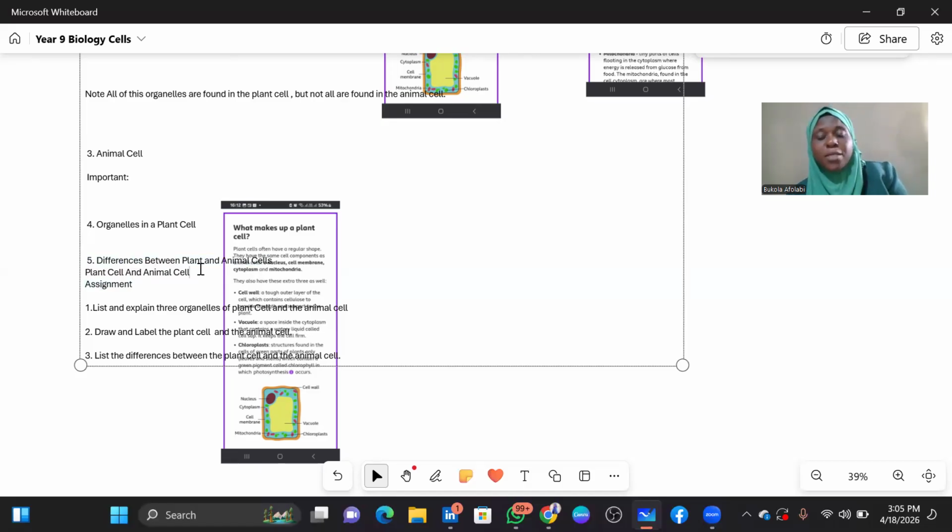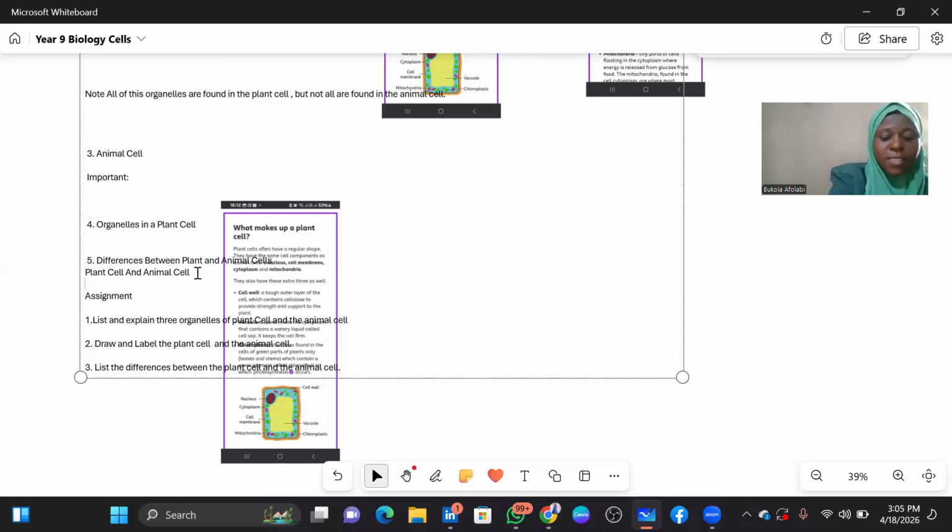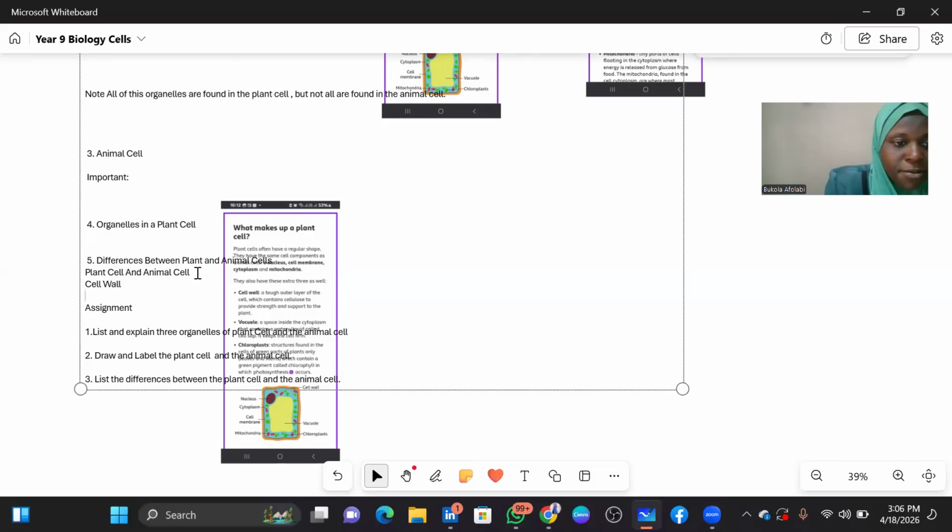So based on the explanation, what can you tell me are the differences? That is very important, the cell wall. Then we have the vacuole.